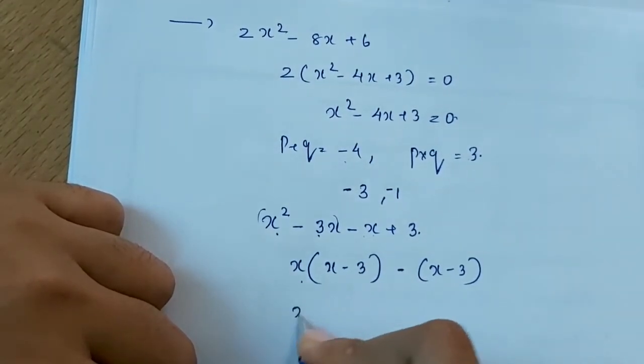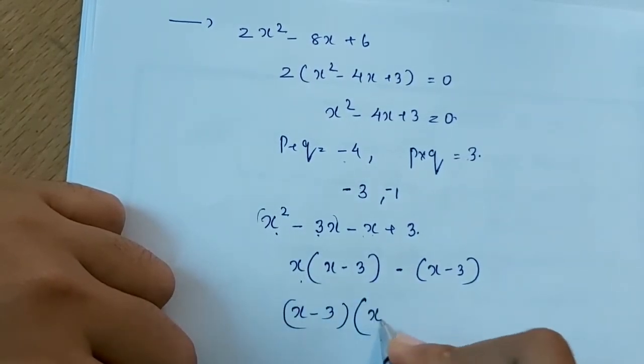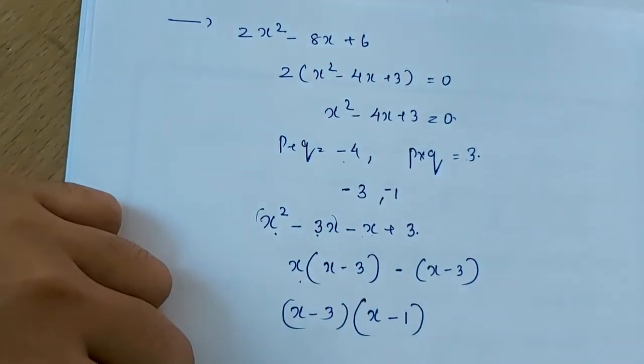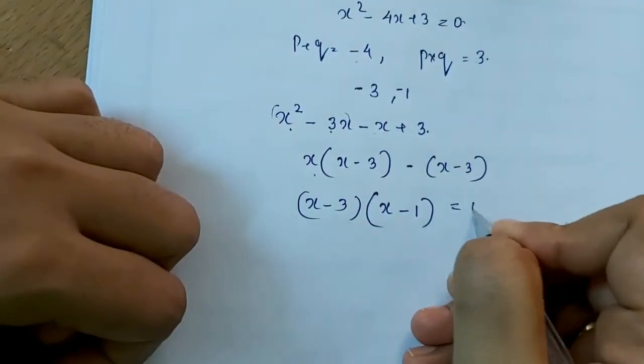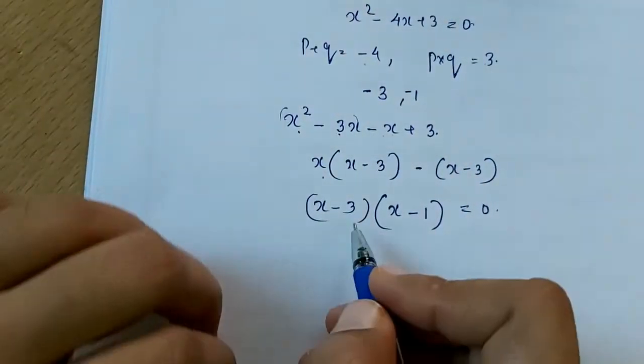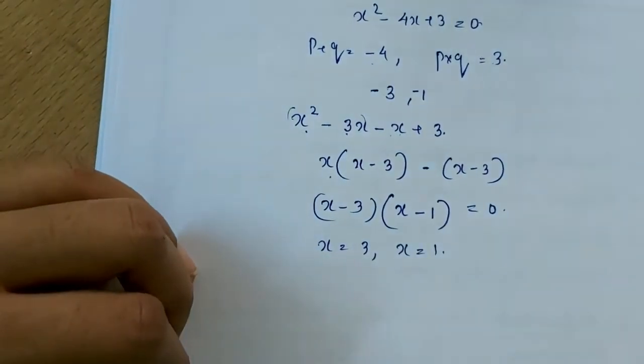So take (x − 3) outside, then it becomes (x − 1), since after taking x − 3 outside there will be 1 there. Equal to 0. So the zeros of the polynomial, or the factors, are x = 3 and x = 1.